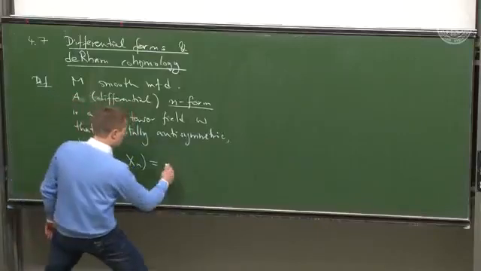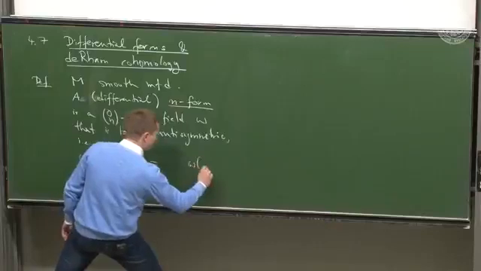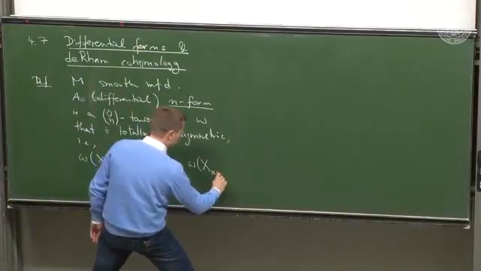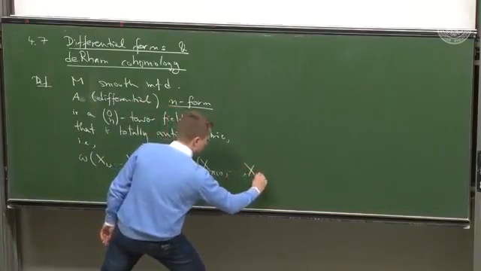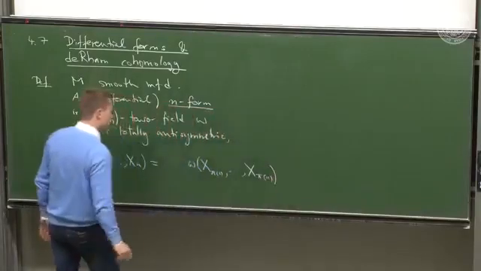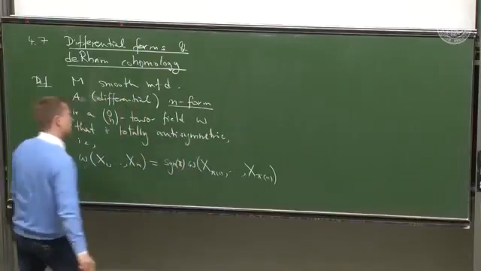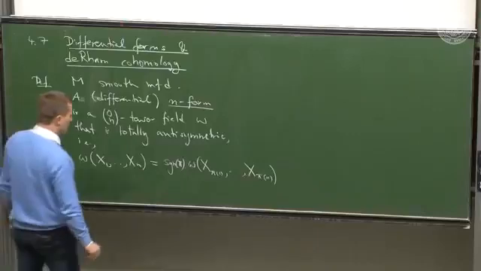More formally, if you consider omega, but you permute the vector fields by some permutation pi, so you look at the entries X pi(1) to X pi(n), then you pick up a minus sign depending on whether the signature of your permutation is even or odd.